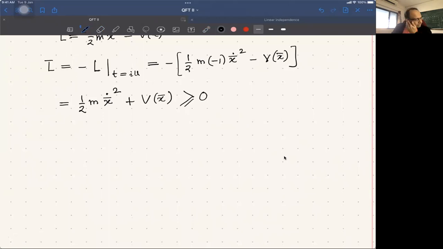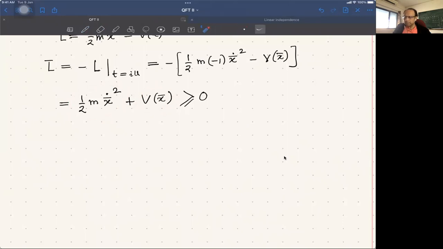So if you consider a configuration where, for example, x bar dot is equal to 0, and take the minimum of V of x bar, then that point is an extremum of the action, with the function x bar being constant and sitting at the bottom of the potential. So for any other function, this contribution for the extremum is 0, and this is the minimum value of the potential.